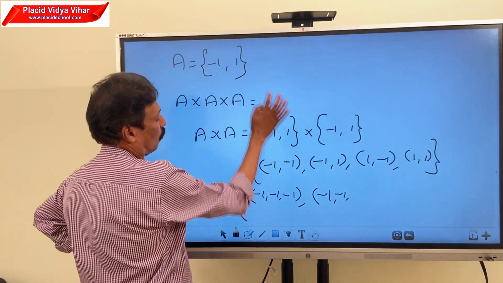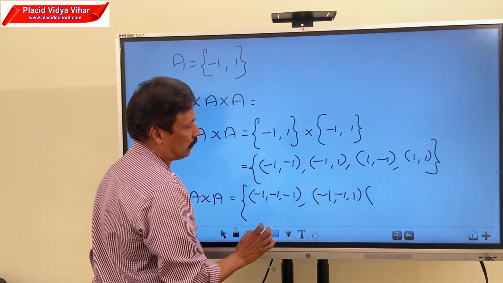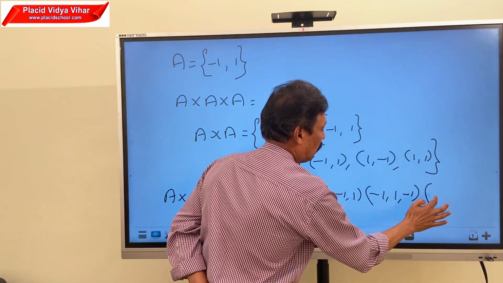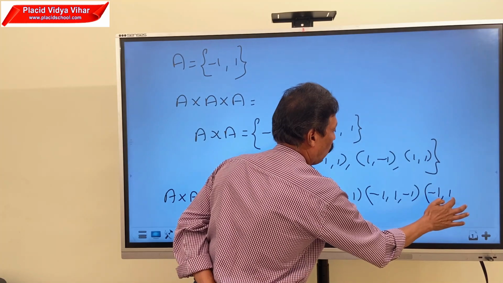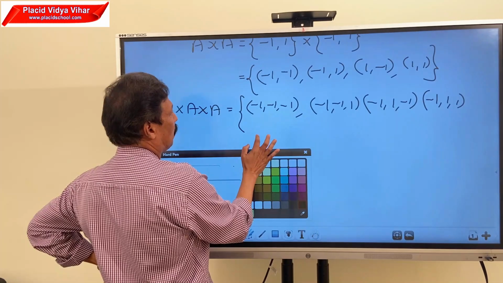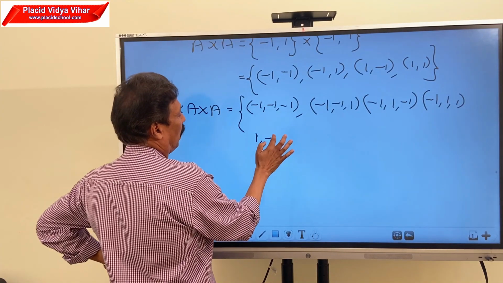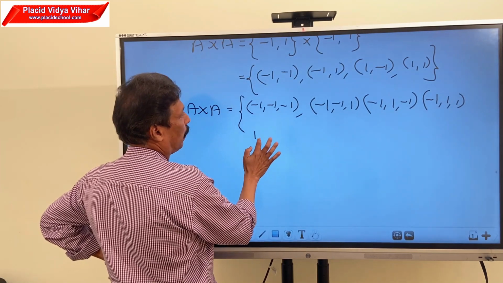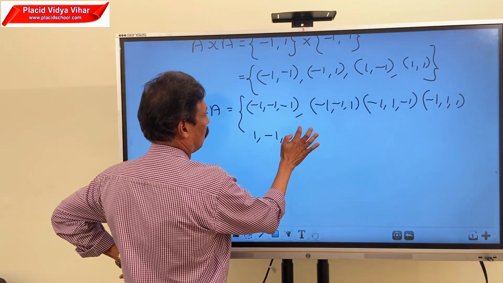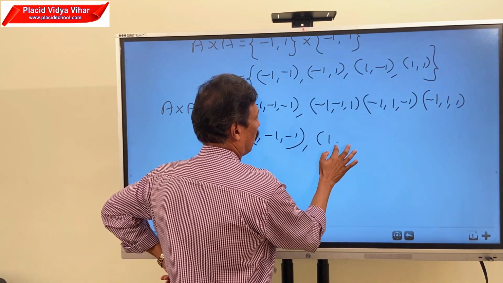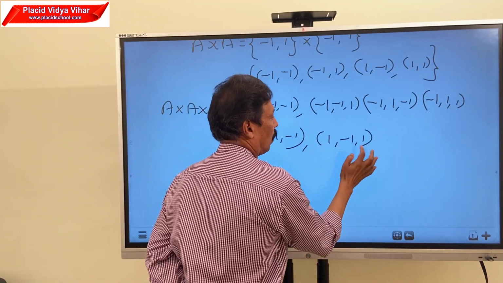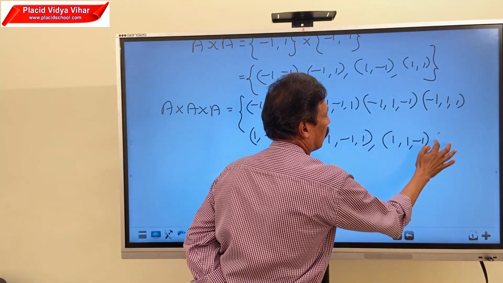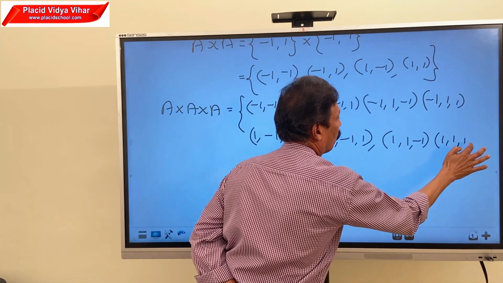Then the third element is (1, -1). Then the fourth element is (1, 1).